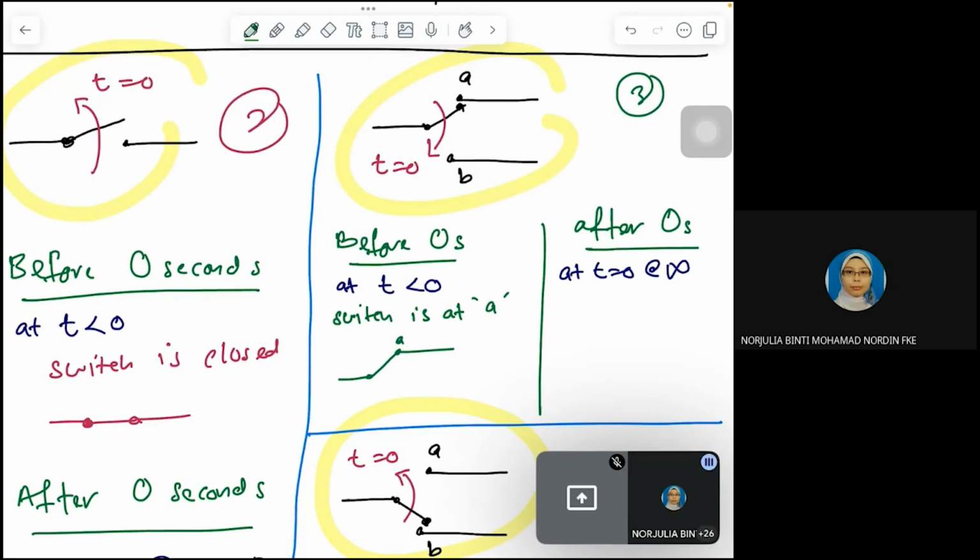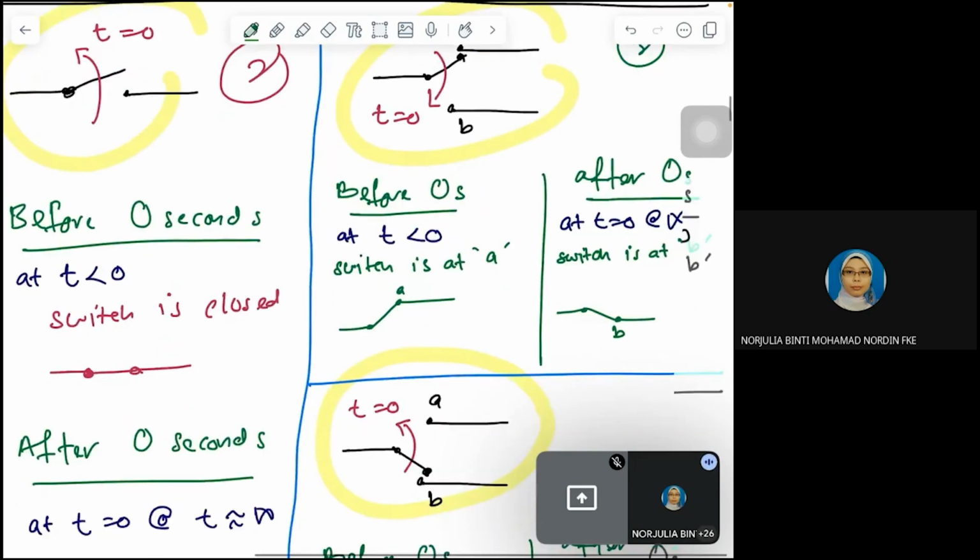This is A, and it's not connected to B. After 0, the switch will move to B. So this is how the switch looks. It goes to B.